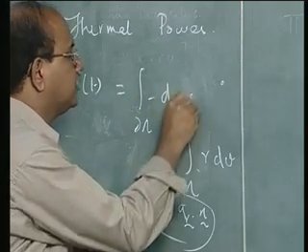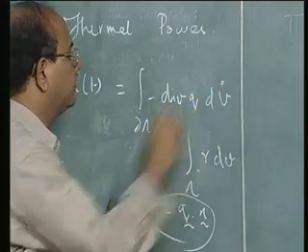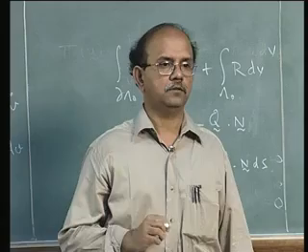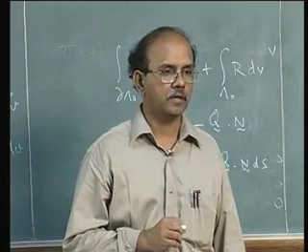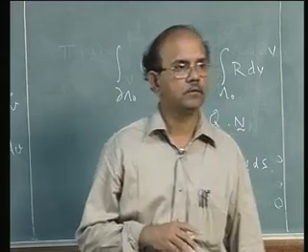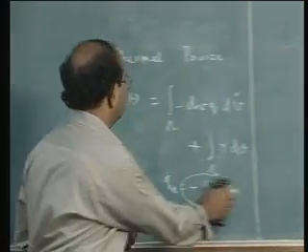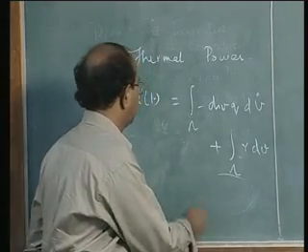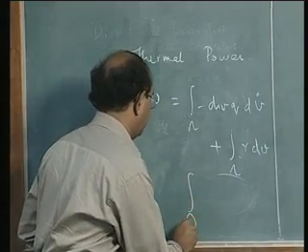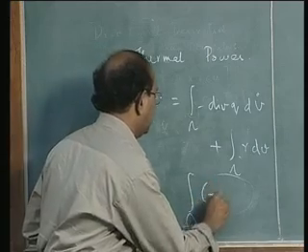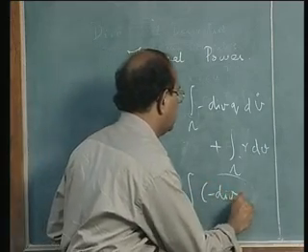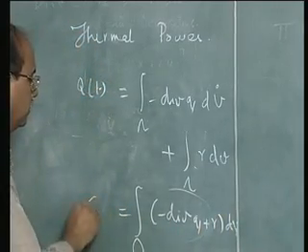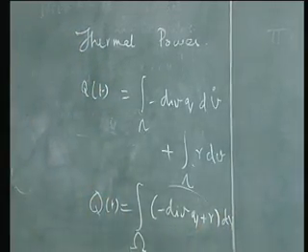That's minus divergence of q dV, and the q term can be written as minus q plus r, so that together they can be written as minus divergence of q plus r dV, which is equal to the Q.